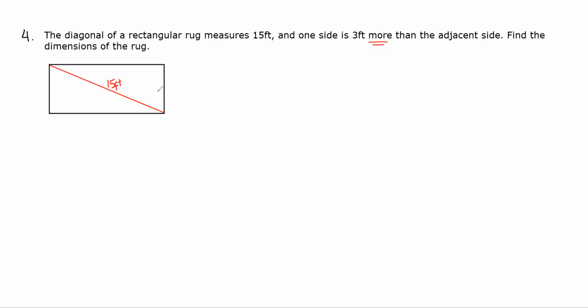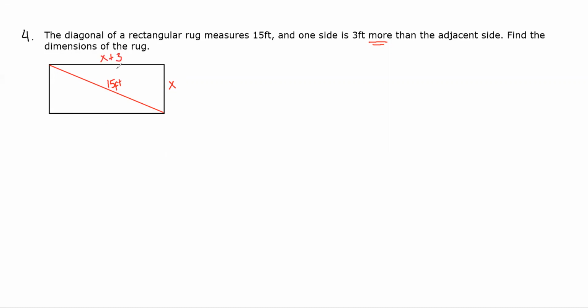Now, adjacent means next to, so that would be like this side and this side. So if I call this side X, the side adjacent to it, so either this one on top or this one on the bottom, they're exactly the same because it's a rectangle. Both of those are 3 feet more than the adjacent. So it's going to be X plus 3.